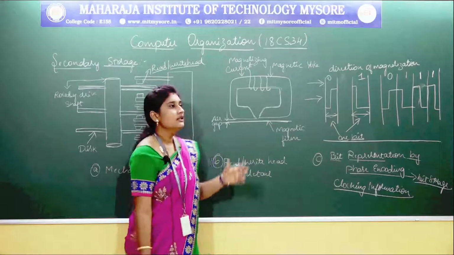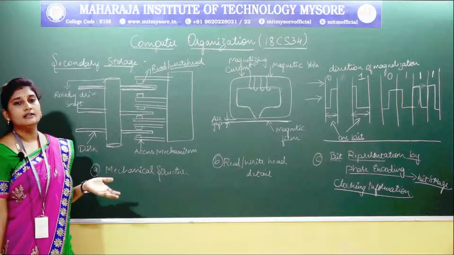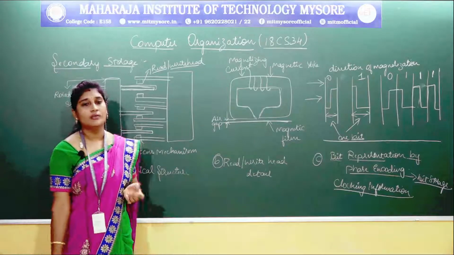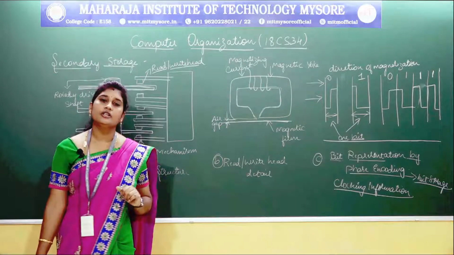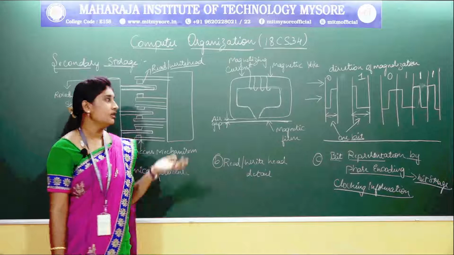Fine. So, this is how the mechanical structure and other details of the read-write head work, and how phase encoding is done, or how binary data gets fit into the magnetic film in secondary storage devices.